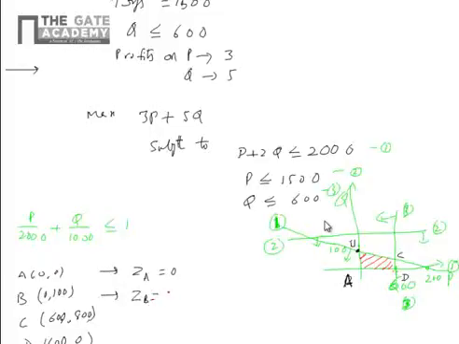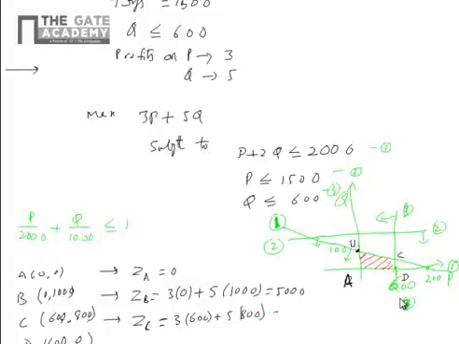ZB is equal to 3 of 0 plus 5 of 1000, which is equal to 5000. ZC is 3 of 600 plus 5 of 800, with the Q point and P point.